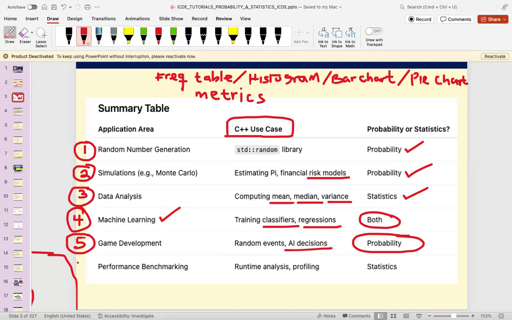Okay. Then those in the business world, they do performance benchmarking. And in performance benchmarking, you really have to do a lot of runtime analysis. In that case, we use statistics.